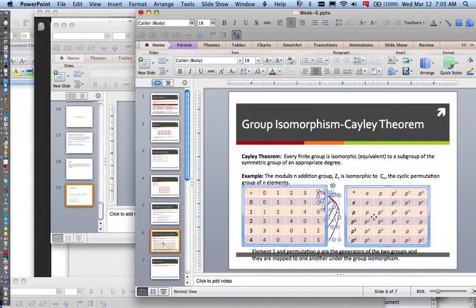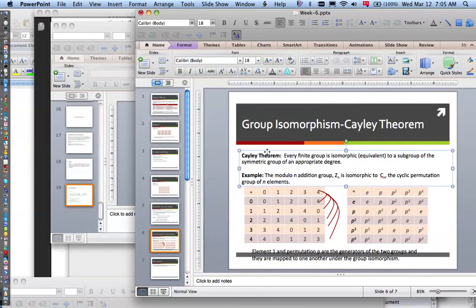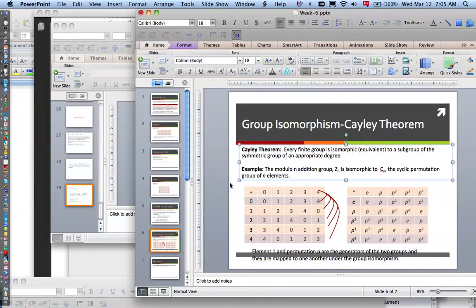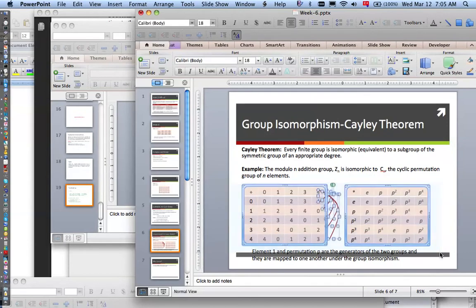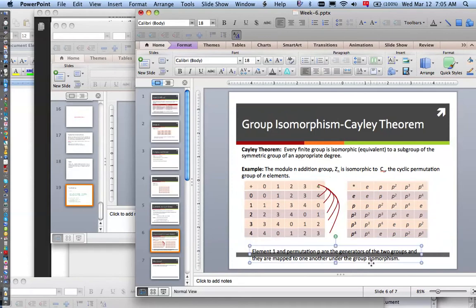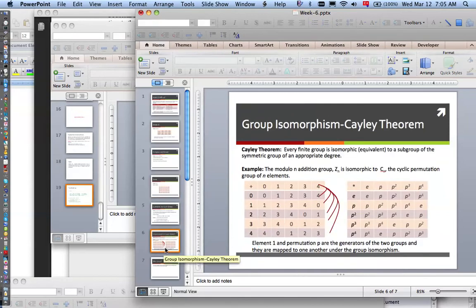Okay, so this can all move up a little bit. So this gives us what we really want, which is to say that we now have an isomorphism that ties things together, and we're going to use this next week to actually build circuits to compute addition in terms of permutation switching.